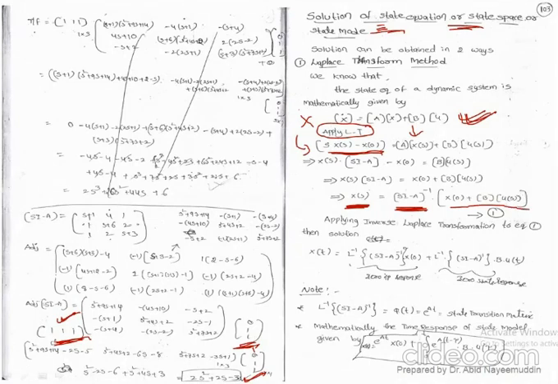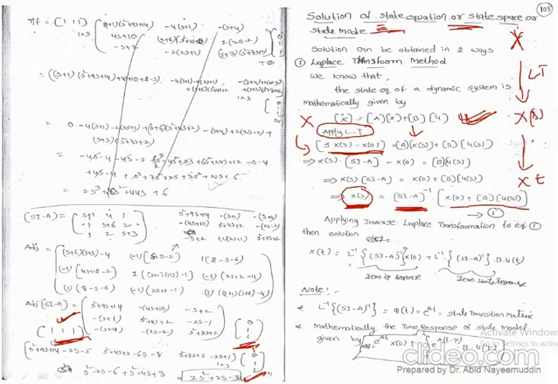Now, what is the aim of the solution here? From x dot you need to get x of t. For that, first we applied Laplace transformation to get x of s.